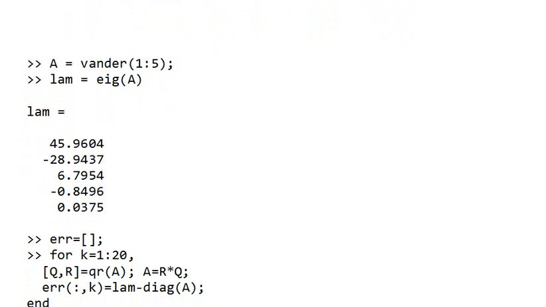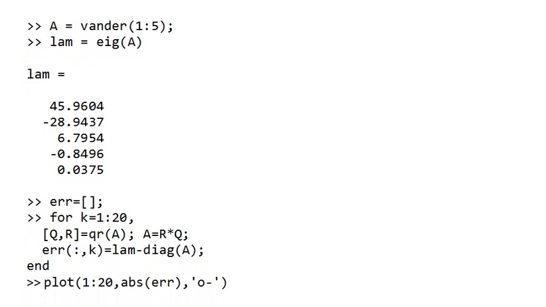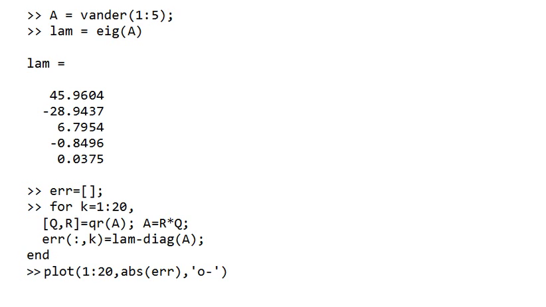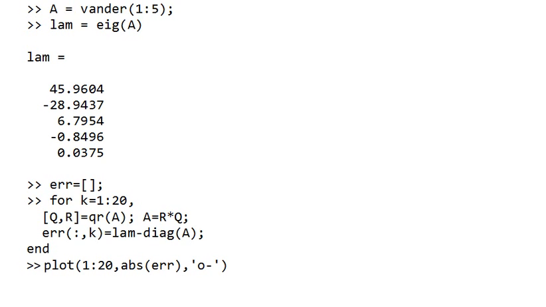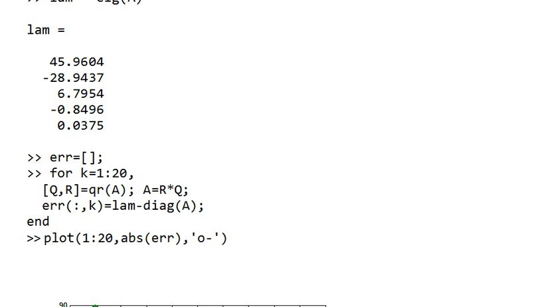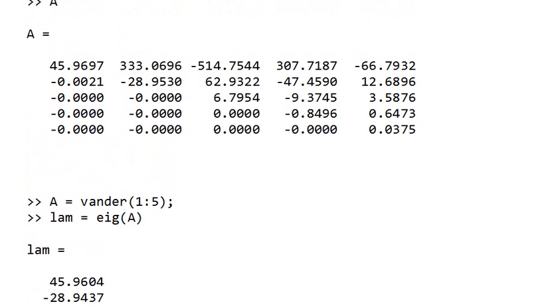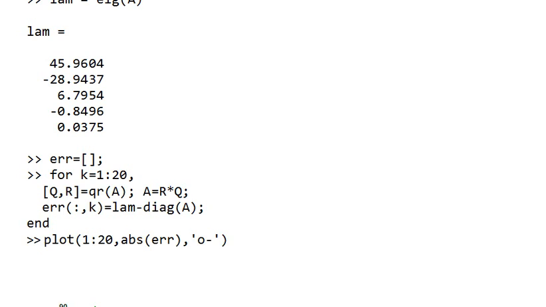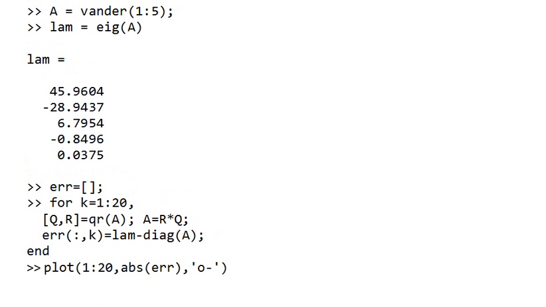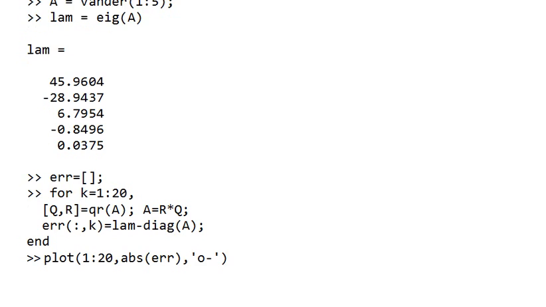Okay, so let's do this with a little bit more experimental flair. So here again, we're starting over with the same matrix. Here are the exact eigenvalues again as lambda. We're going to do the QR iteration, and now we're going to keep track of the errors. So if this is converging to a triangular matrix, then the eigenvalues of A should be along the diagonal. So we'll take the numbers that are on the diagonal and compare them to the actual eigenvalues. We'll look at that difference as the error and see what happens.